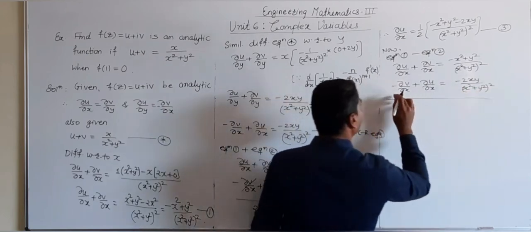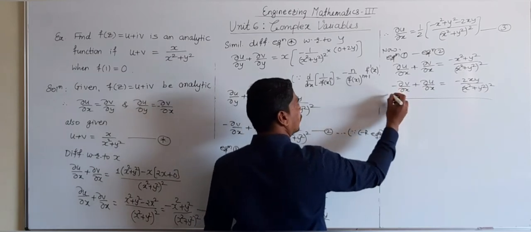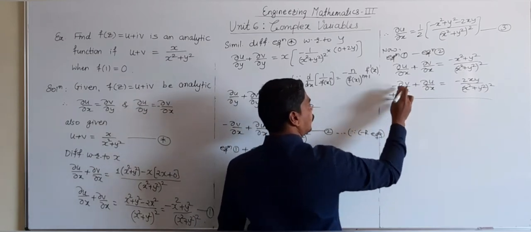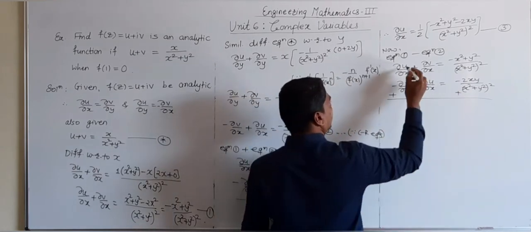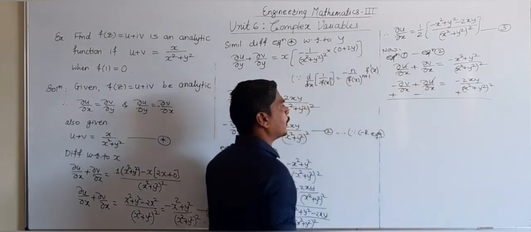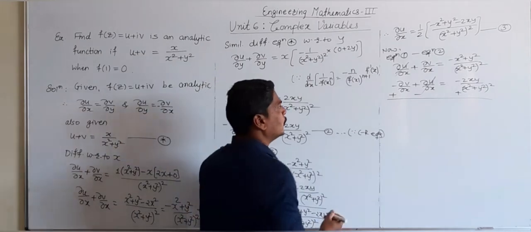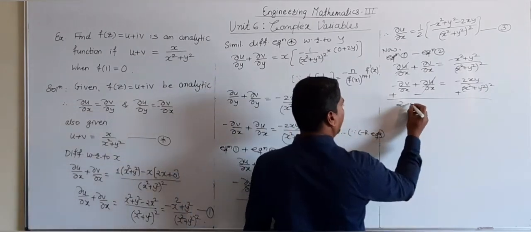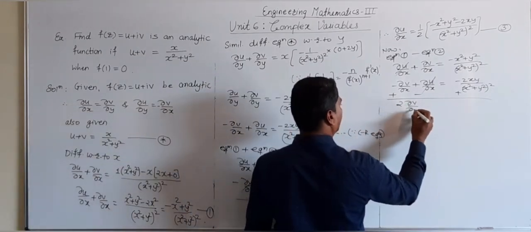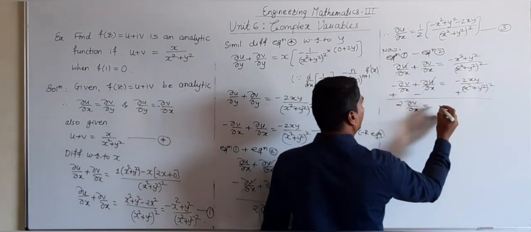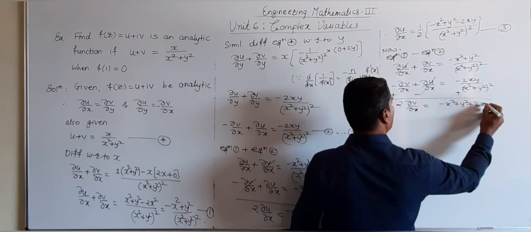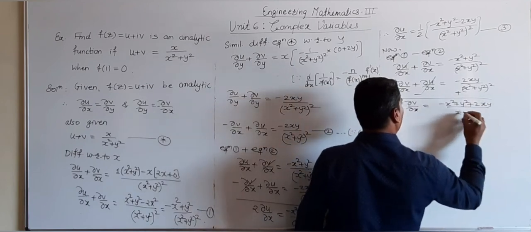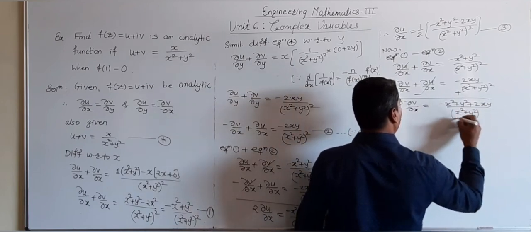And we are subtracting the second equation, that's why the sign of the second equation will change, minus to plus, plus to minus. And then the partial derivative term of u with respect to x will get cancelled, and the remaining term is the partial derivative of v with respect to x into 2 = (-x² + y² + 2xy) / (x² + y²)².